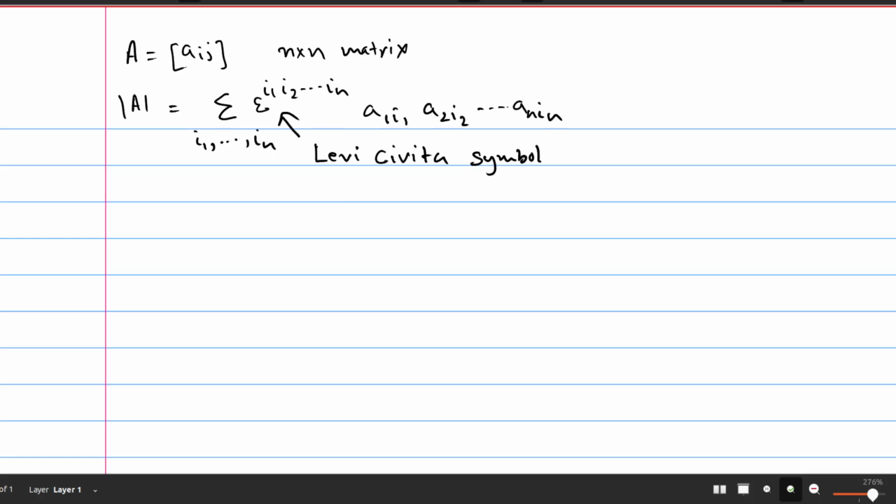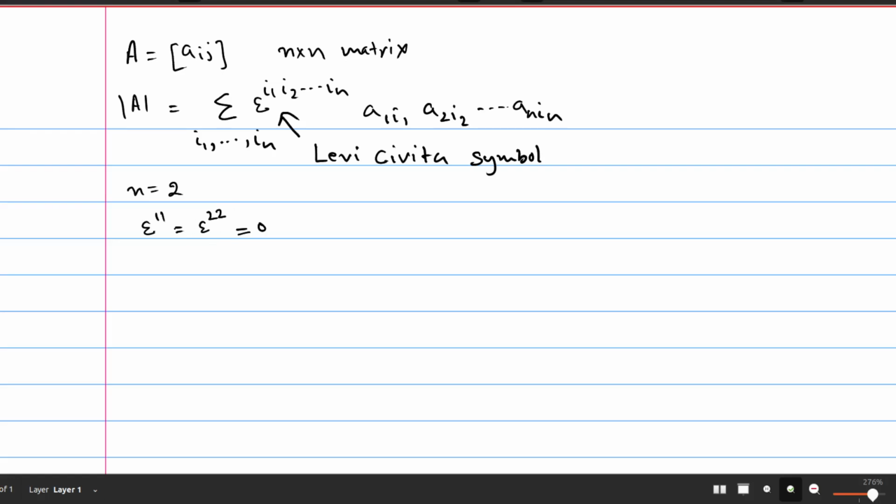It's a completely anti-symmetric tensor, which means that if we interchange any two of its neighboring indices, the sign of this tensor is changed. If n is equal to 2, for example, then epsilon 1 1 and epsilon 2 2 are both equal to 0, because epsilon is a completely anti-symmetric tensor.